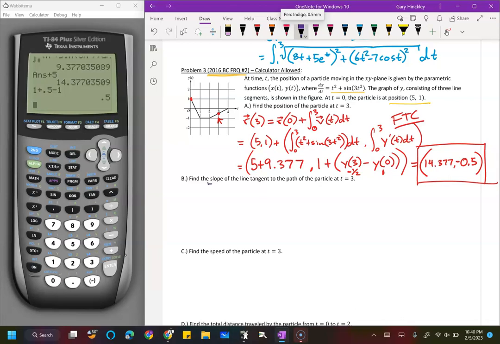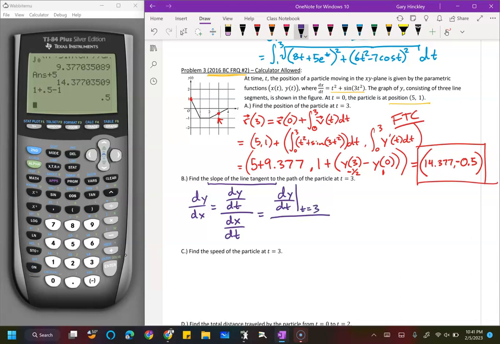For this one, we want to find the slope of the tangent line, so we're going to have to use our parametric derivative. That's going to be dy/dt over dx/dt. So dy/dt, we're going to pull from the graph, at t equals 3.